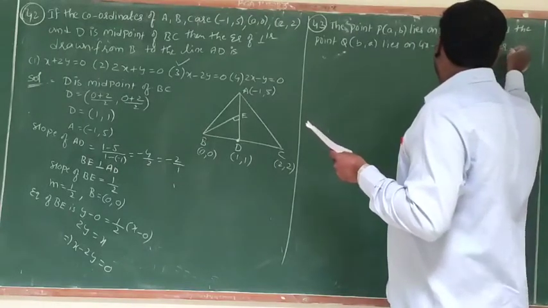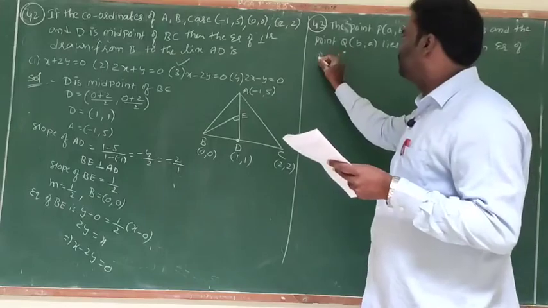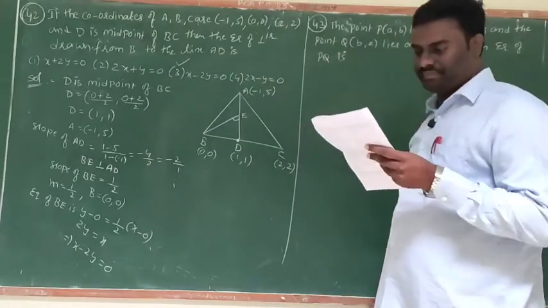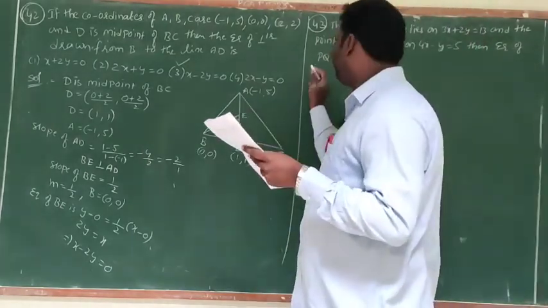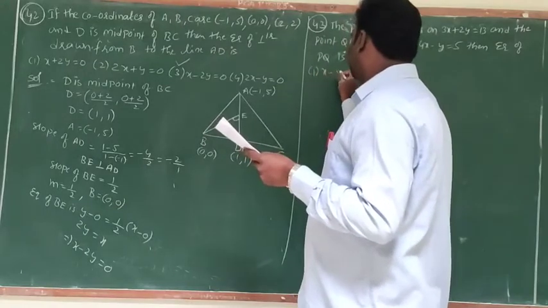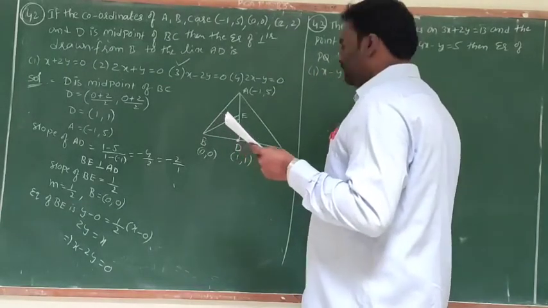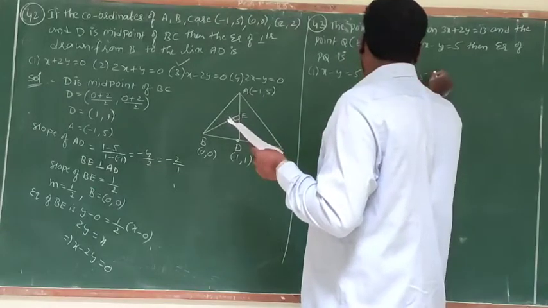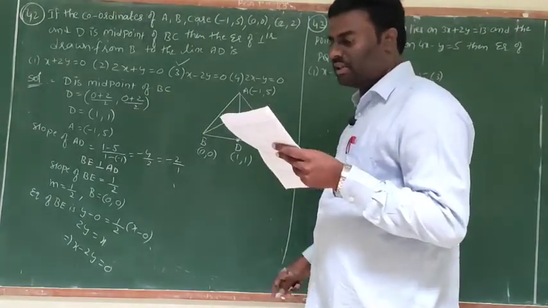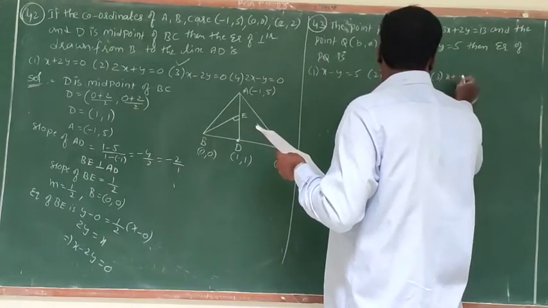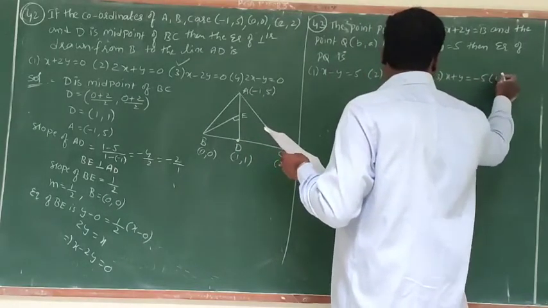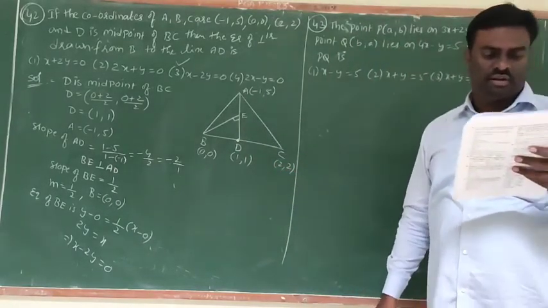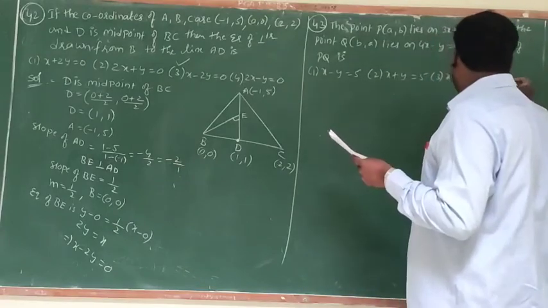The equation of PQ: first option x minus y equals 5, second option x plus y equals 5, third option x plus y equals minus 5, next option x minus y equals minus 5.